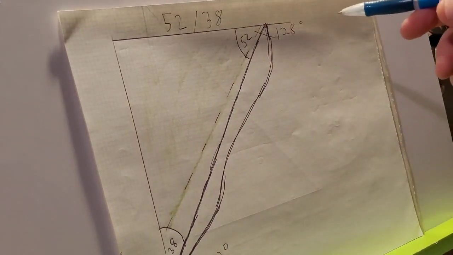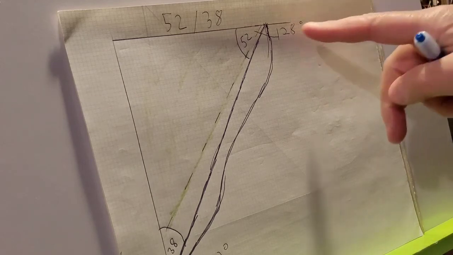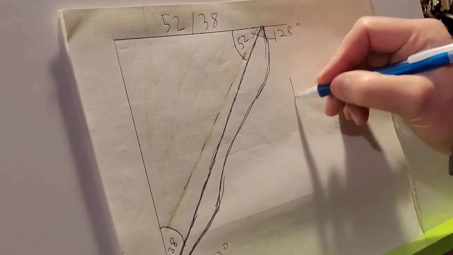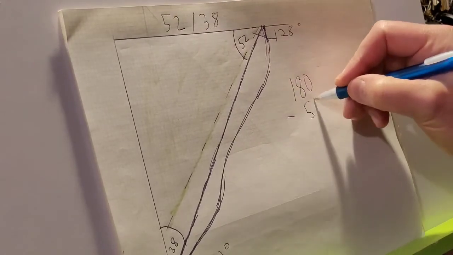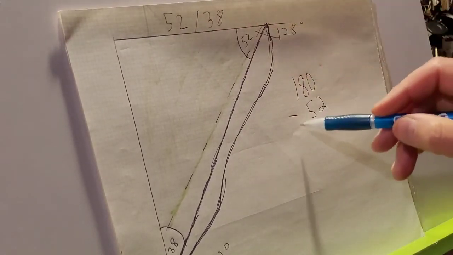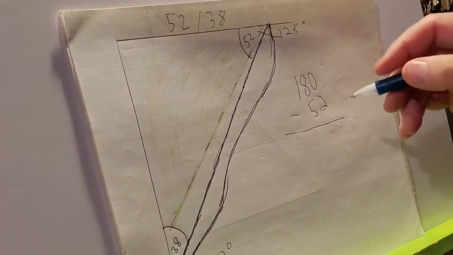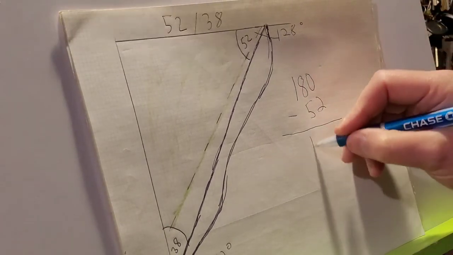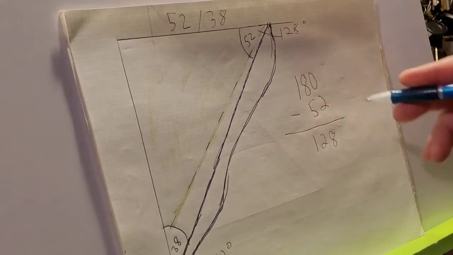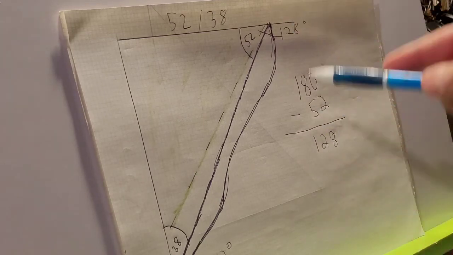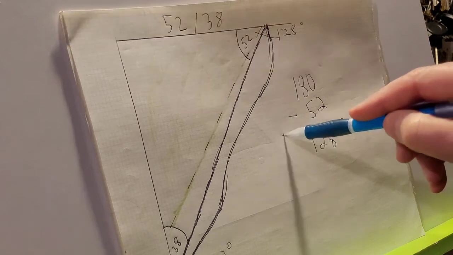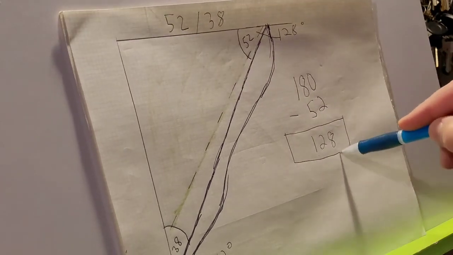So what the 128 means is, well, if you take 180 degrees and subtract 52 degrees, which is this here, it will give you the 128. So anytime you see that 128, it means you have the 52-38 crown spring angle.